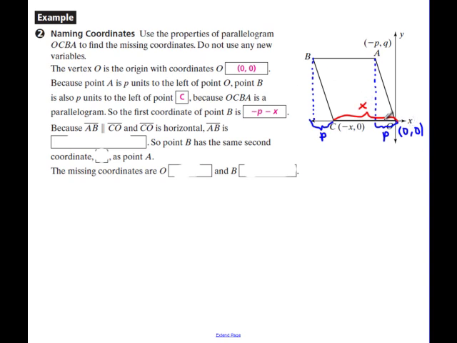We're moving to the left of the y-axis, so these are all negative. We can put negatives out in front of all of these. Negative x units from here to C, and then negative p units from C out to the x-coordinate of B. So the first coordinate for our point B is going to be negative p minus x.